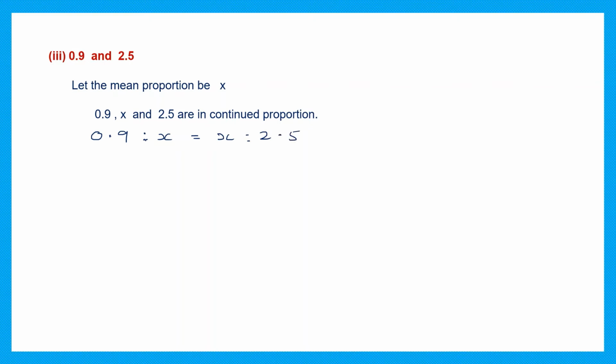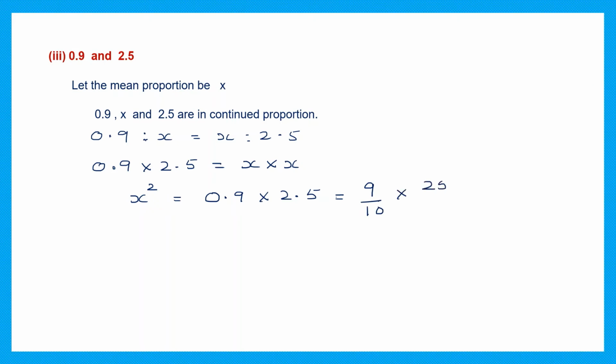So product of extremes would be 0.9 into 2.5 equals product of means, x into x. So x into x means x square is equal to 0.9 into 2.5. This can be written as 9 by 10 into 25 by 10.